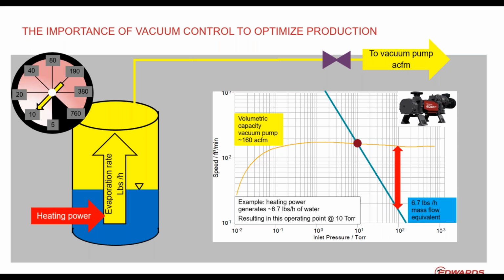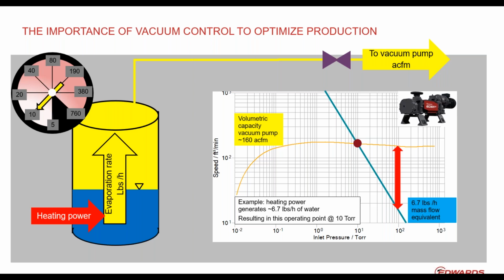It doesn't matter except for the ease of showing what's going on. I picked the performance curve just randomly of a vacuum pump. In this case, it's an Edwards EDS 300 dry pump. It's a 160 ACFM pump. So you see that 160 ACFM in the yellow curve that goes from the right to the left all the way through all the pressure ranges.